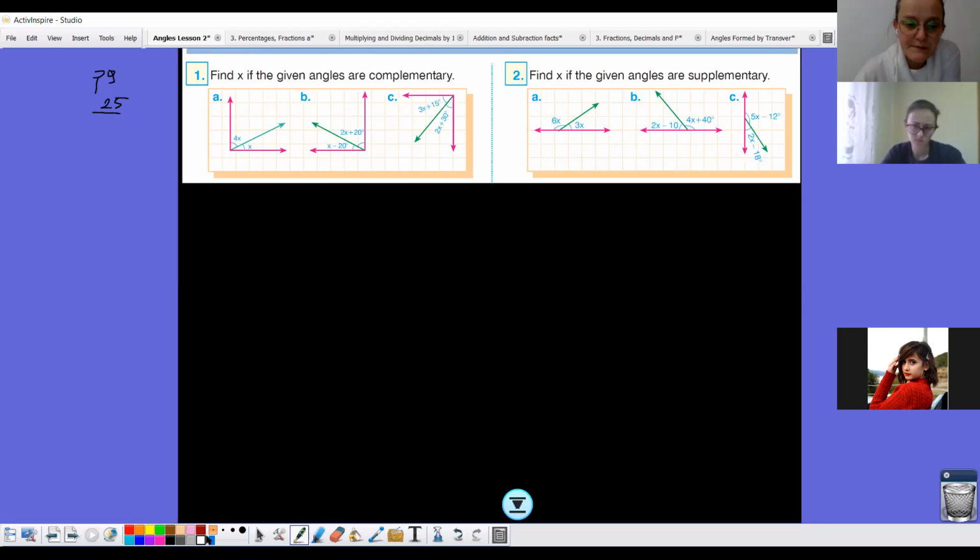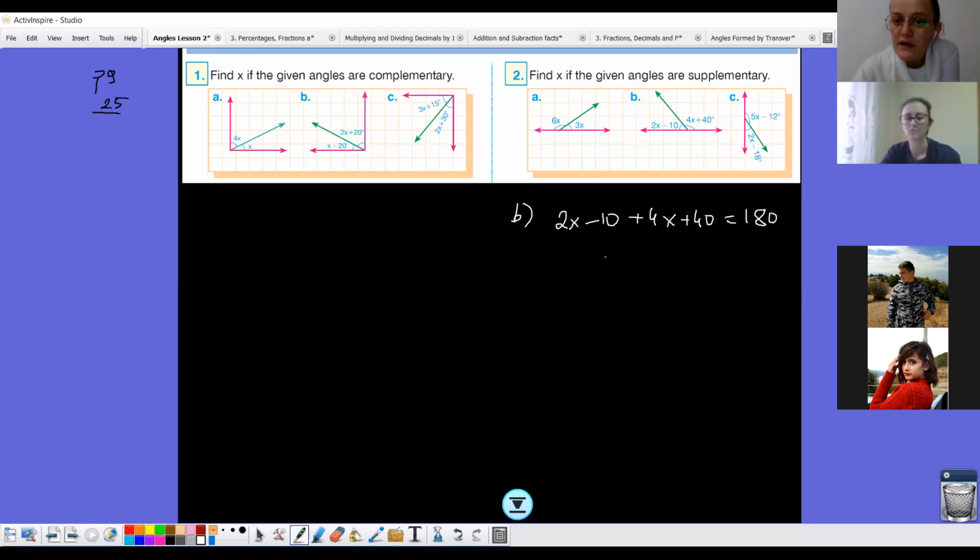In B, we have 2x minus 10 plus 4x plus 40 has to be 180. Then 2x and 4x will be 6x, and we have minus 10 plus 40, which is plus 30, equal to 180.